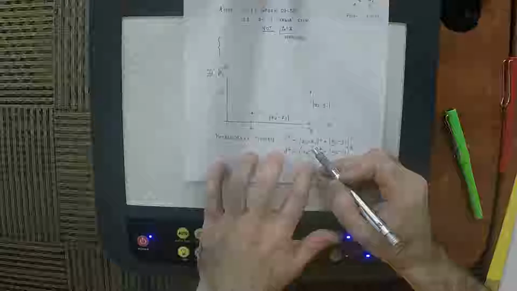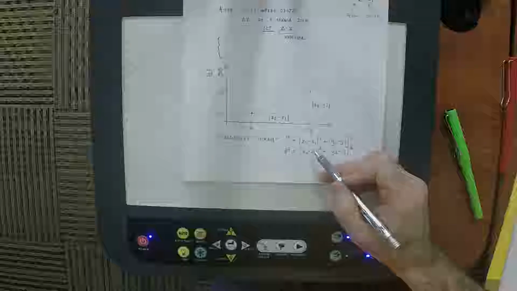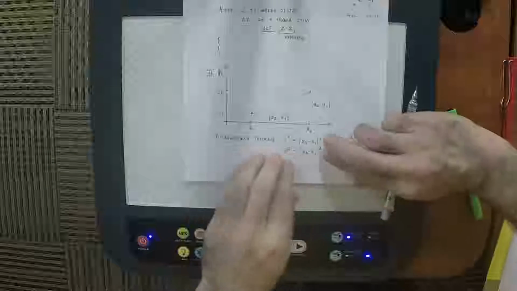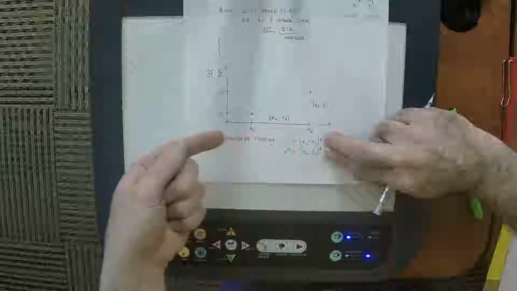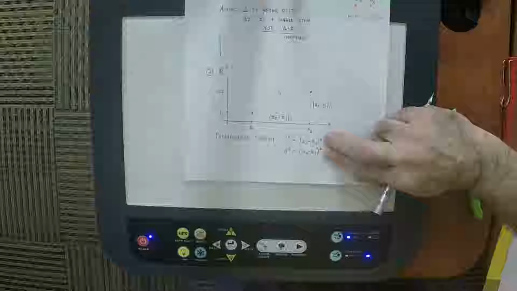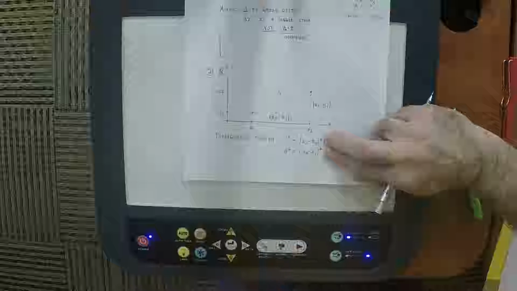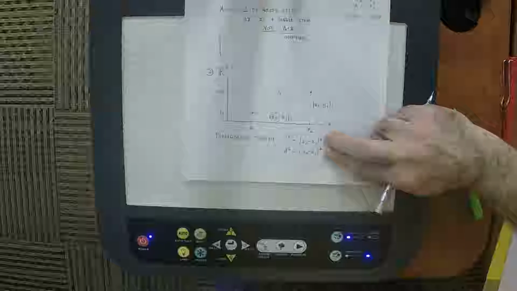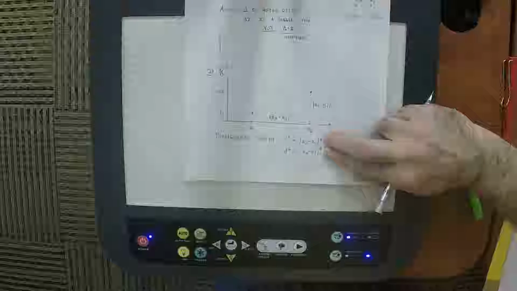Okay, very good. Suppose that x2 minus x1 were negative 5. That's conceivable. If we were doing the one on the top, then we'd have a negative 5, we'd compute absolute value to get 5, and then we'd square to get 25. If we were doing the one on the bottom and x2 minus x1 were negative 5, then we'd just forget about the absolute value, square the negative 5, and get what? 25 again.